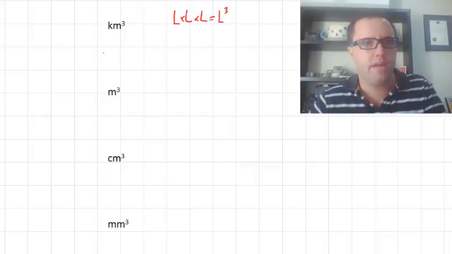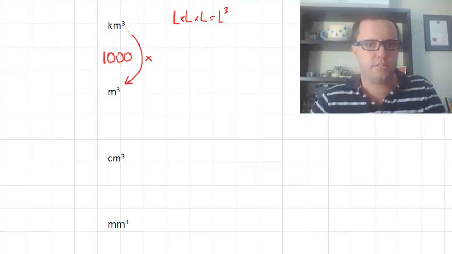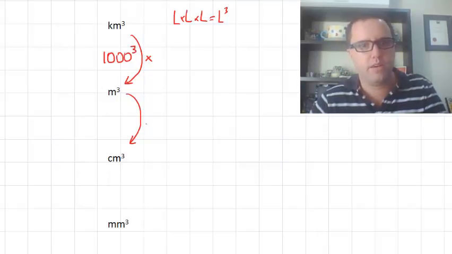Now, you remember, it was 1,000 to go from kilometers to meters. Okay, we're multiplying by 1,000 to go from kilometers to meters. But now, because it's kilometers cubed, we have 1,000 cubed to go that way. Okay, again, from here to here, we're multiplying. We've got meters cubed through to centimeters cubed, so that's going to be 100 cubed.